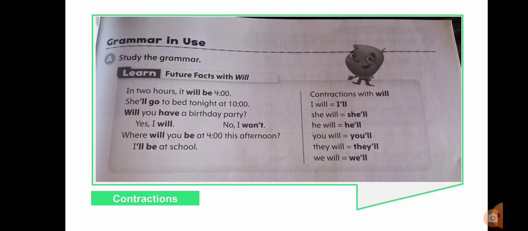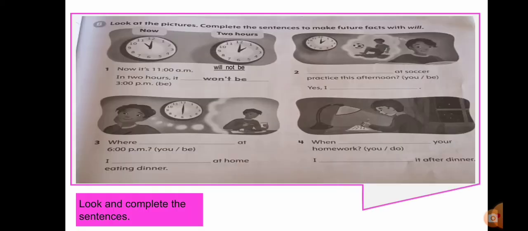So let's solve few statements given in the exercise. Now look and complete the sentences. This is part B. Look at the pictures, complete the sentences to make the future facts with will. Picture number 1.